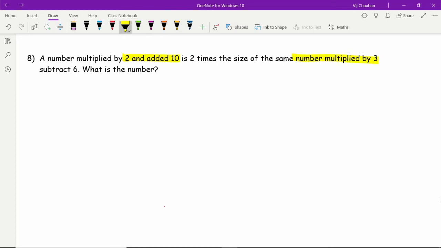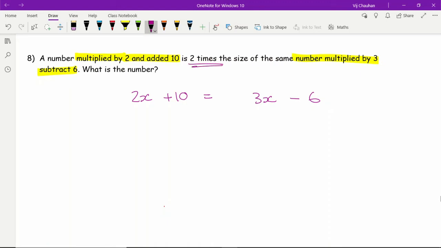So if I translate these two things into algebra, a number multiplied by 2, if we call the number x, is 2x plus 10 equals, and then 3x minus 6. Now, this 2 times part is the key thing.